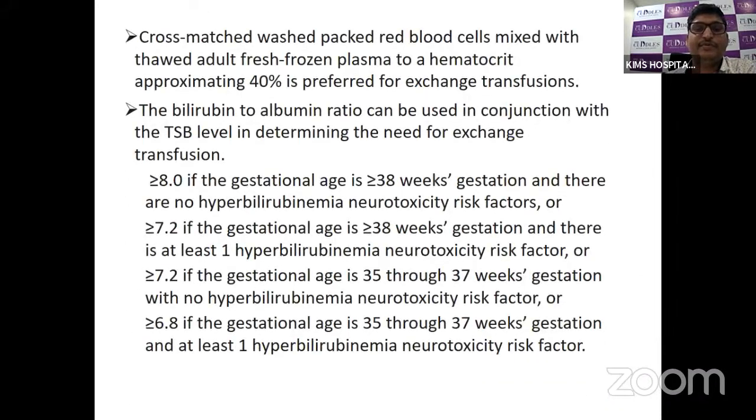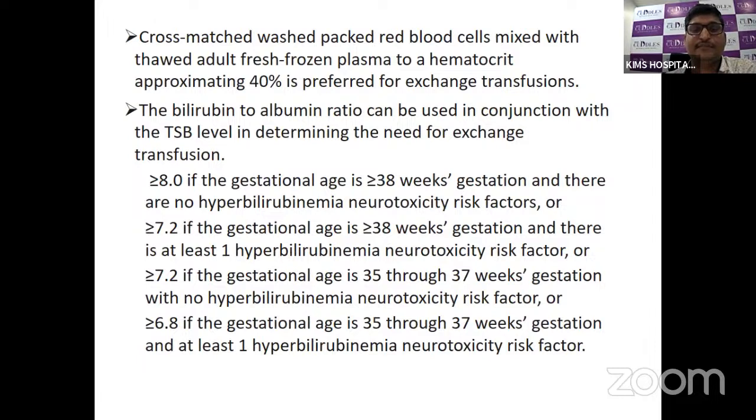We should notify the blood bank to cross-match packed red blood cells and fresh frozen plasma, assuming 40% hematocrit.